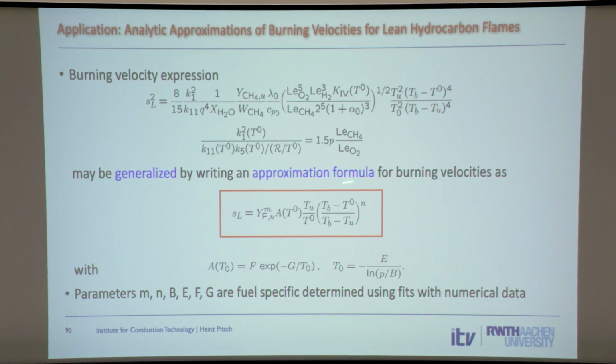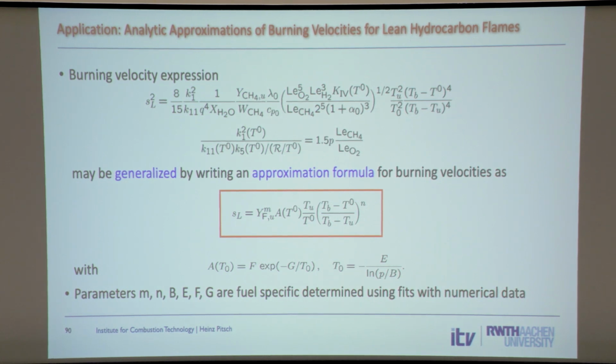So this is a 2, and then all of this here is just a function of T naught, and so on. There's a lot of exponentials here, so let's assume this is an exponential function. And T naught also is given like this, and then E and B here are also fitting parameters.